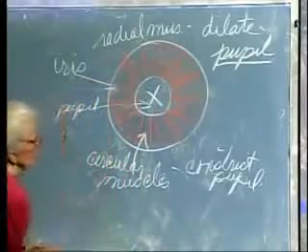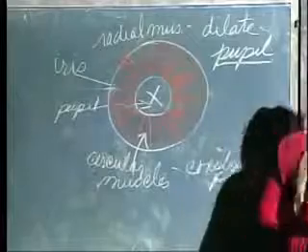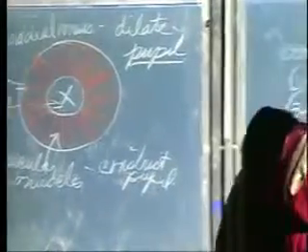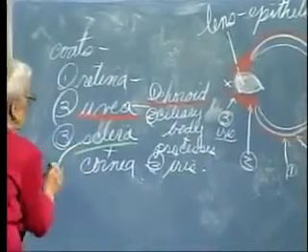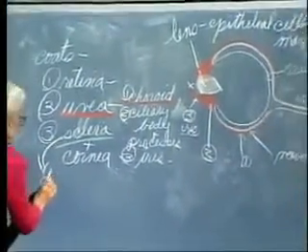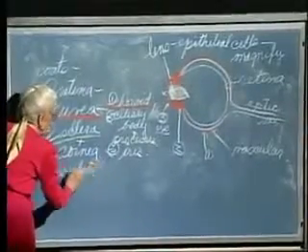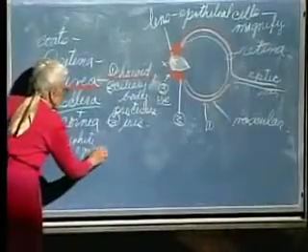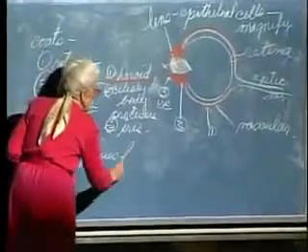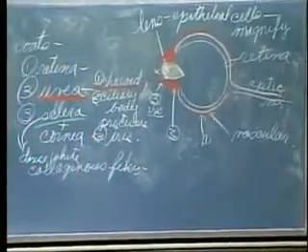All right, we have one more coat to go. We have the sclera. So sclera will be made of dense, they're white, collagenous fibers. So what's the common name for this layer?